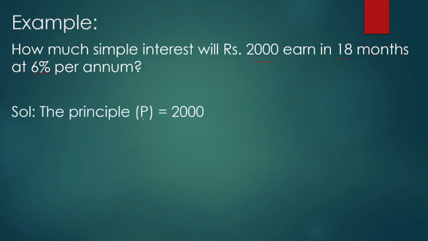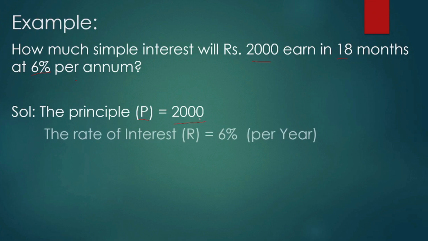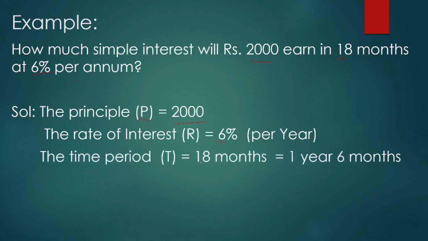The principal amount is 2000 rupees, the rate of interest is 6 per 1 year, and the time period is 18 months. 18 months means 1 year, that is 12 months, plus 6 months, which is half of the year. So 1.5 years. This is 2 ones are 2 plus 1, 3 by 2. The mixed fraction is converted into an improper fraction, 3 by 2.